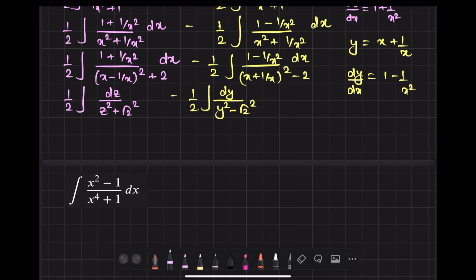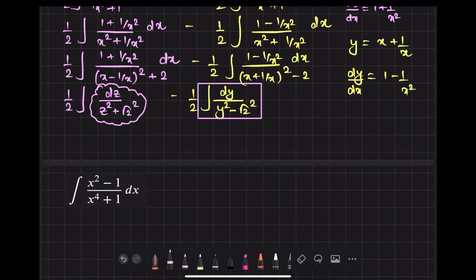In this part, you guys are comfortable in one formula, x square plus a square, and not comfortable in the other, a square minus x square, x square minus a square.